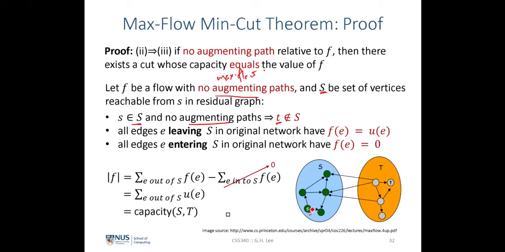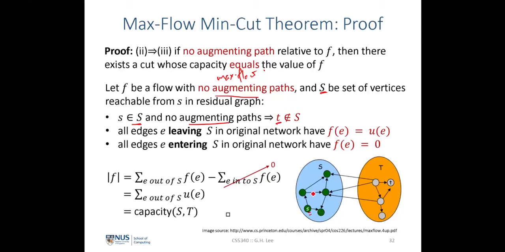And since there's no more augmenting path connecting the source node to the sink node, there must exist a set of edges that connects the set of nodes S to T, where we have partitioned it into these two partitions, such that all the edges that connect these two sets of nodes actually point from the set of nodes T towards S.